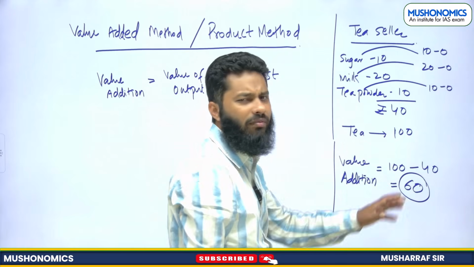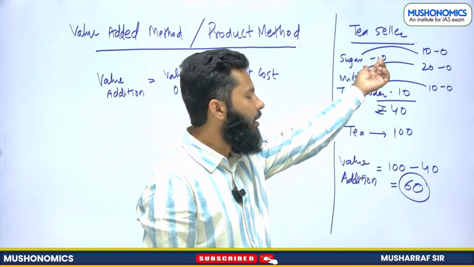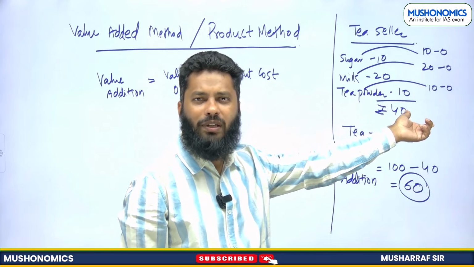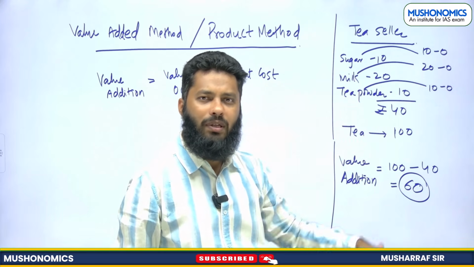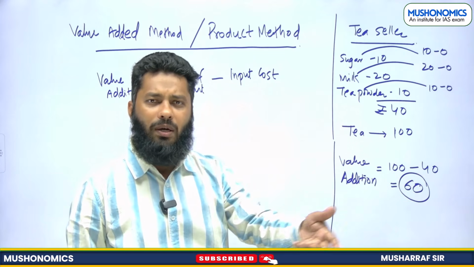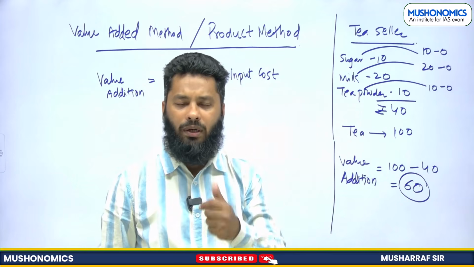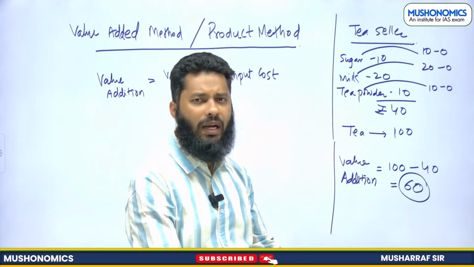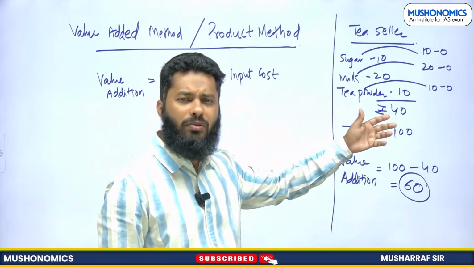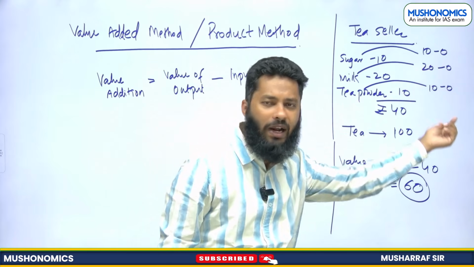Hypothetically we are simplifying this, otherwise there would be costs for the sugar manufacturer, for example manufacturing sugar from sugar cane. For milk, you use cattle to obtain milk, so you have costs, and we would subtract those costs, right?